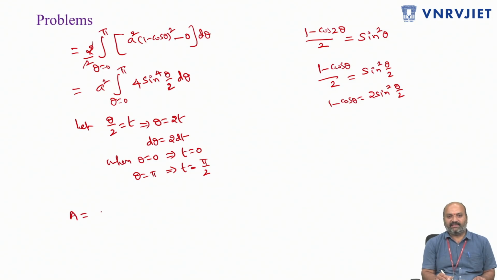Therefore, area is equal to a square, integral t varies from 0 to pi by 2, of course this 4 is a constant which can be written outside the integral, and sine to the power of 4 of theta by 2, which is t, into d theta, which is 2 into dt.